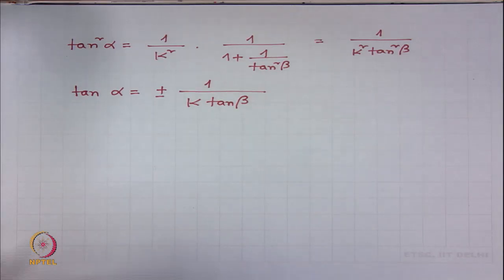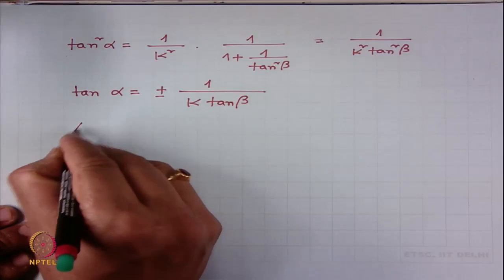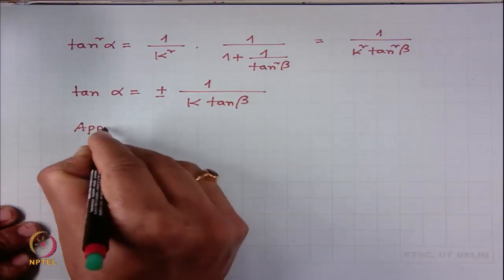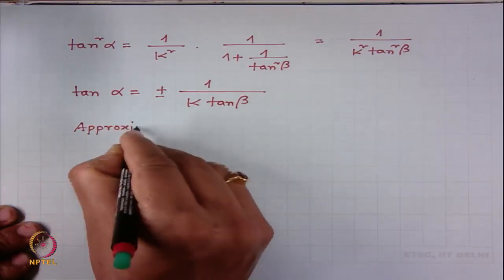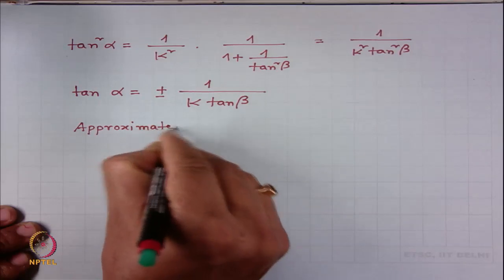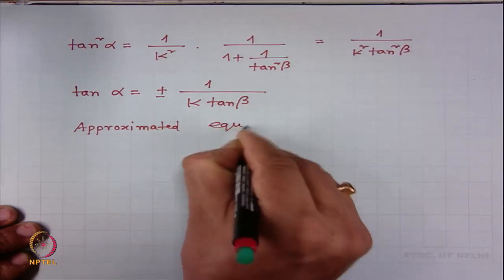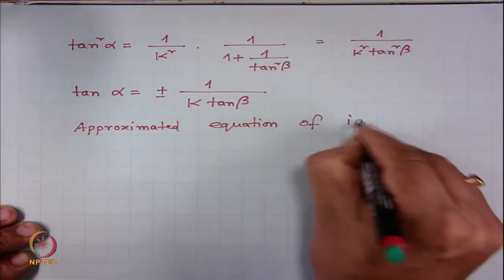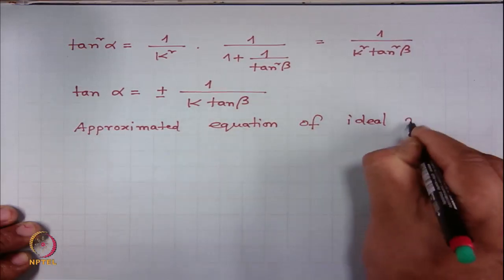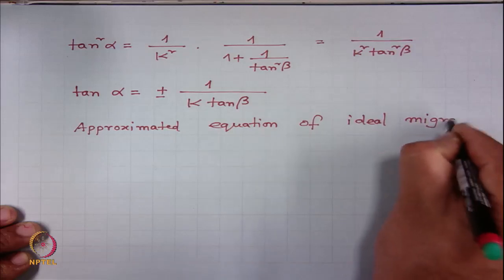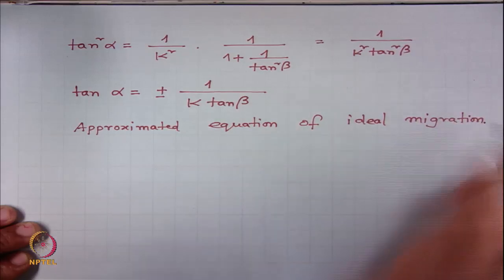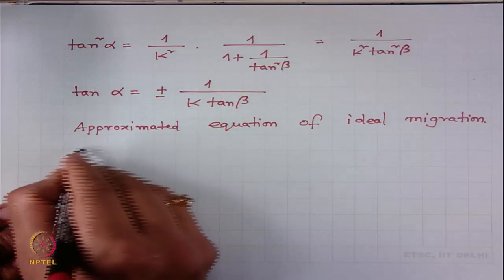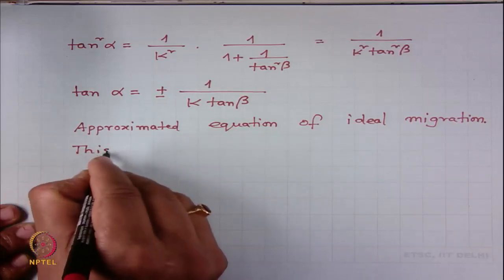This is known as the approximated equation of ideal migration. This equation is defined for all radius.